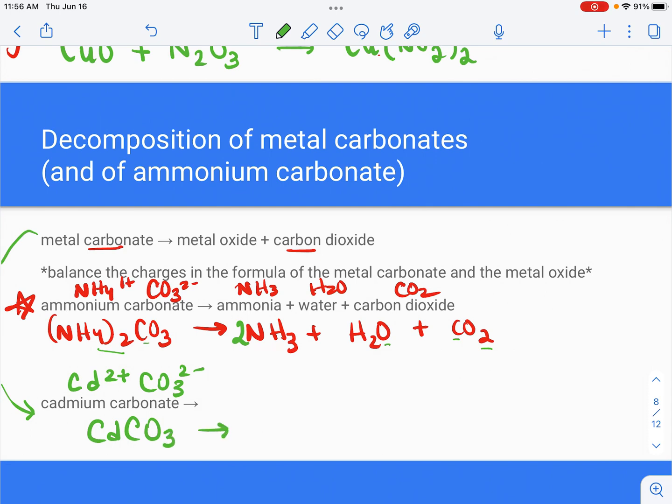I'm going to get a metal oxide. That metal has to be cadmium, so that would be Cd2+ and O2-. They're balanced, so that would be CdO, and carbon dioxide, which you know is CO2. And because the charge is 2+, 2- everywhere, this is already balanced, so I'm finished with that equation.